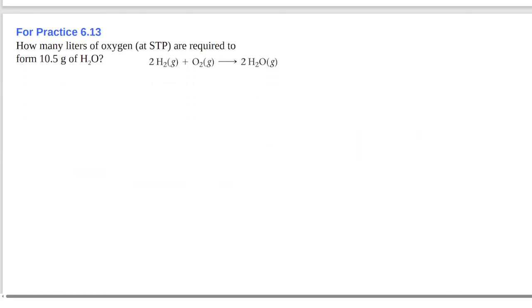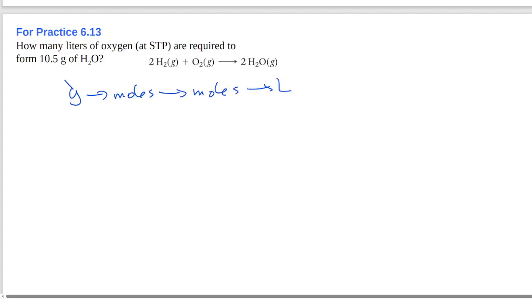For practice 6.13. How many liters of oxygen at STP are required to form 10.5 grams of water? Okay, so we can work this one similarly. Grams to moles to moles to liters.